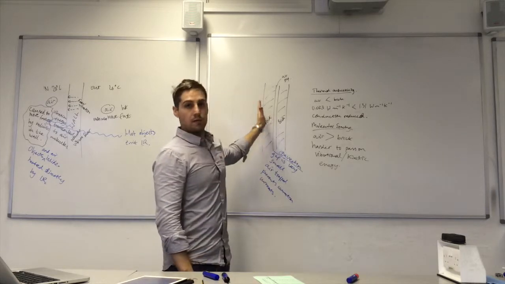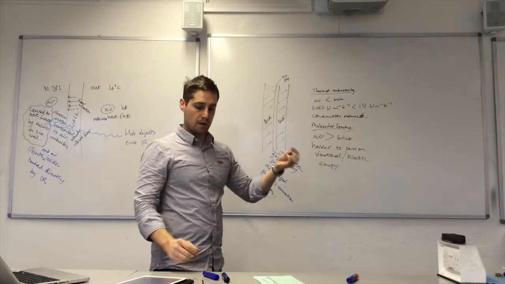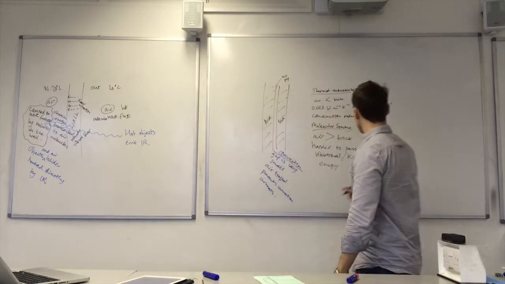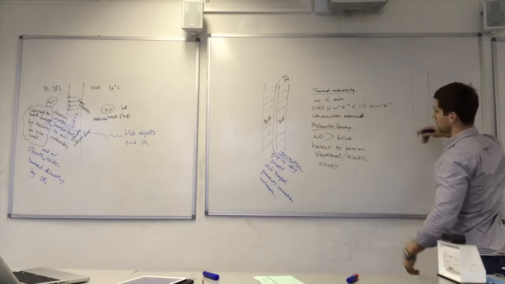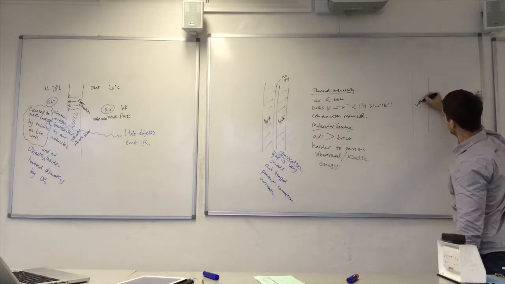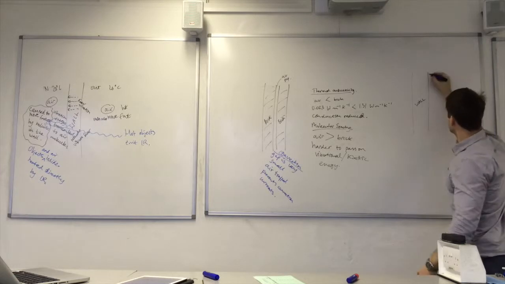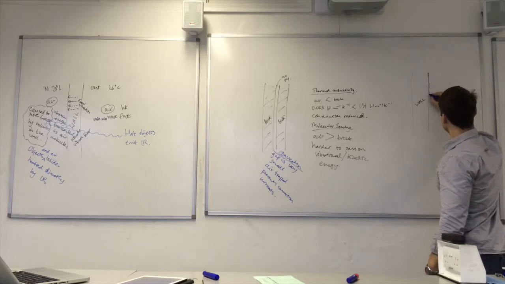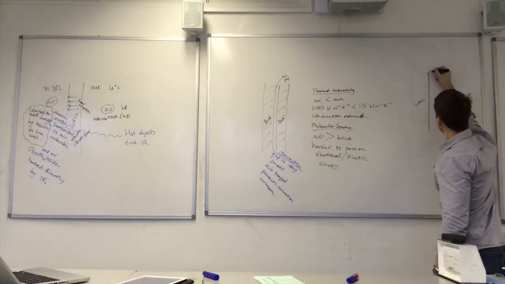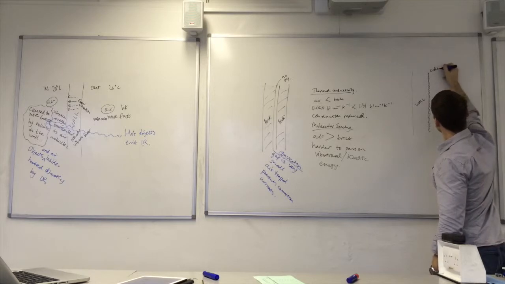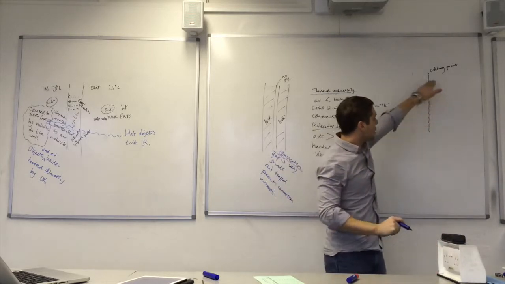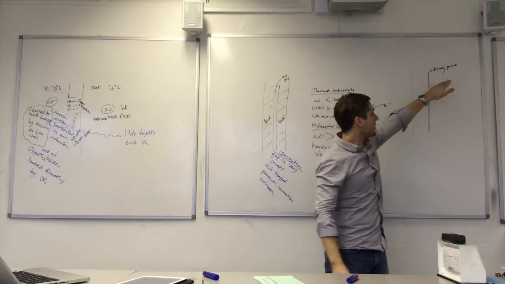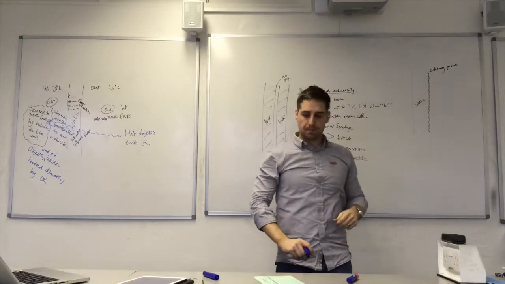This is not to do with the cavity, but it's to do with the paint on the wall. So if we have our wall here, just looking at it as a whole, and there's paint on the outside here. Now, thermal radiation coming in, or the infrared radiation coming in here, can pass through ordinary paint.